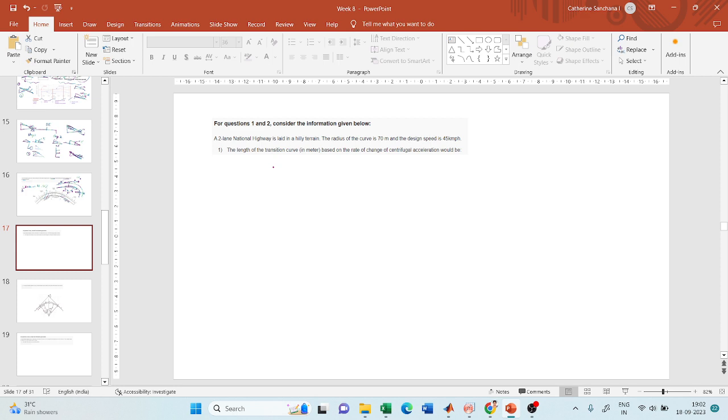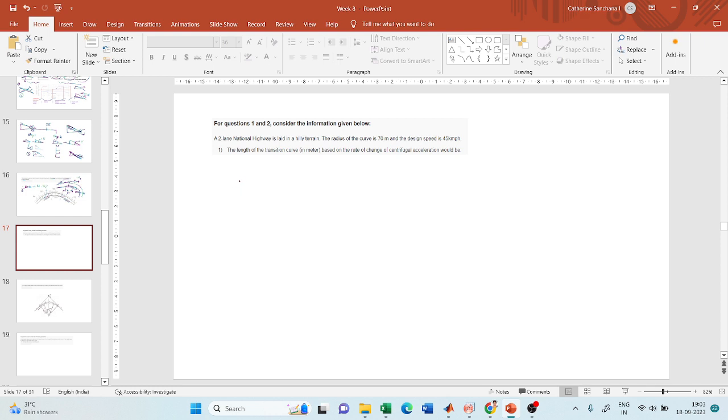There are three equations to find the length of the transition curve. We will see what they are, but before that, in order to understand the three equations, we first need to go through the need for the transition curve again.